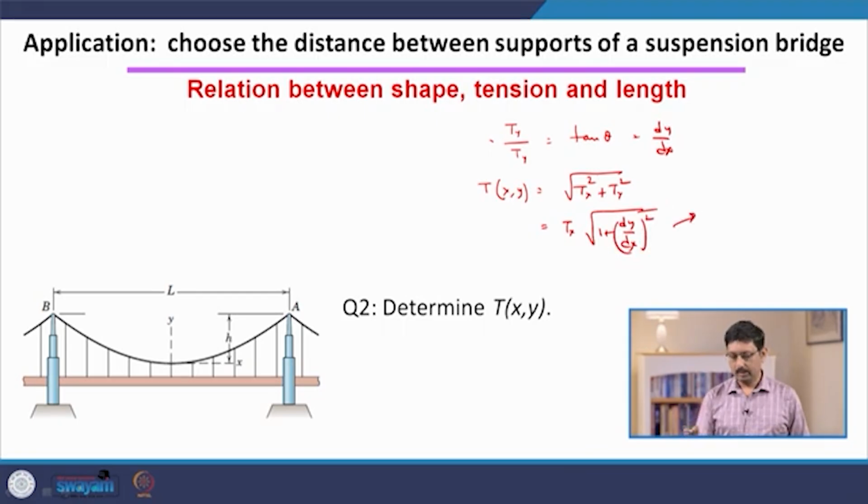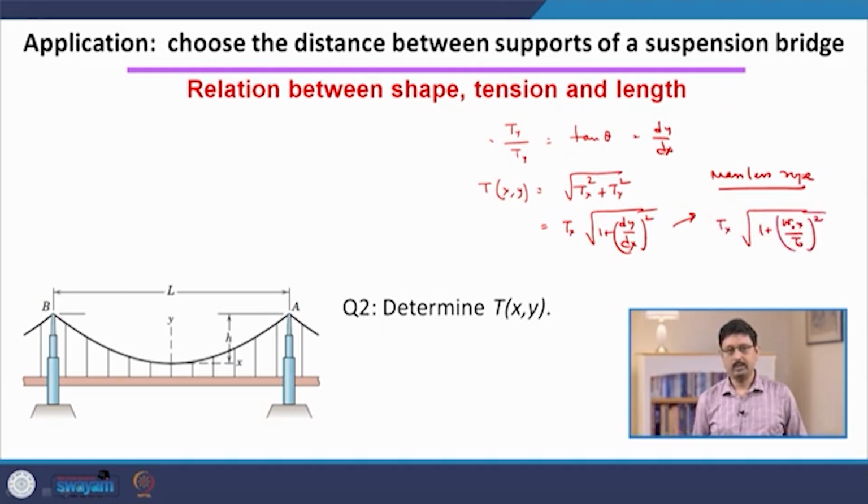Now, again for the case of massless rope, this is a simpler function, which we derived in the previous couple of lectures. Now, I give you another exercise. Tx was some constant.